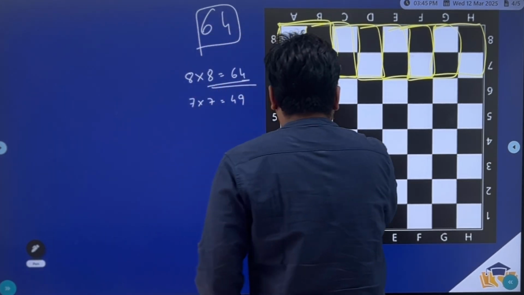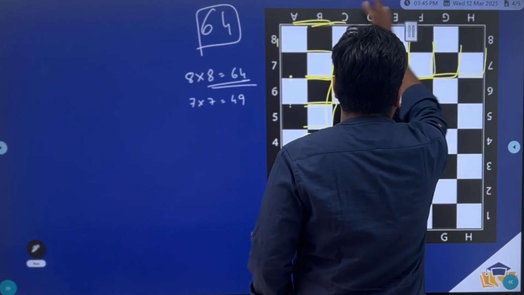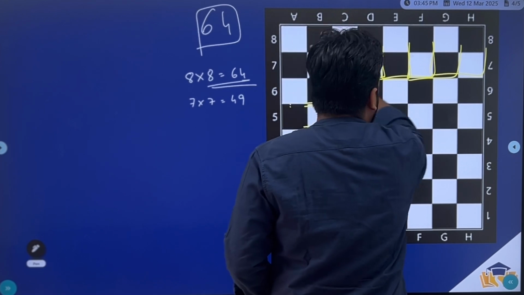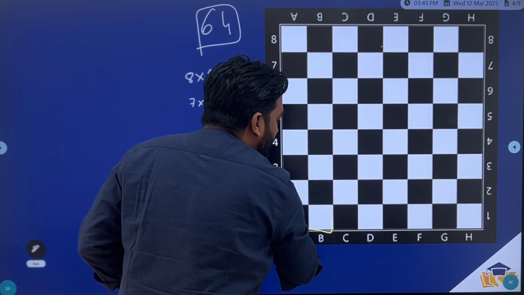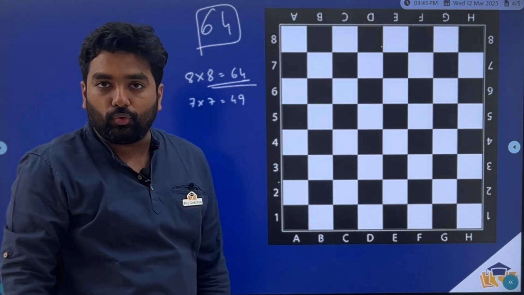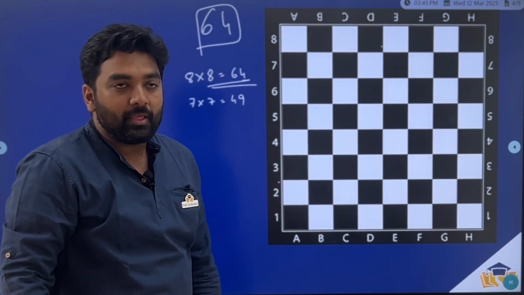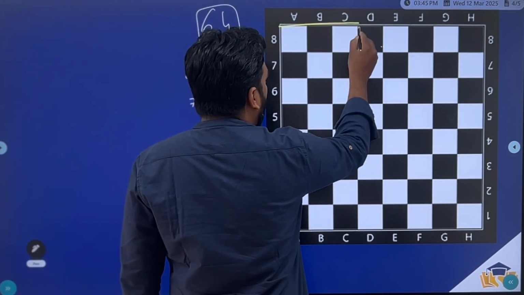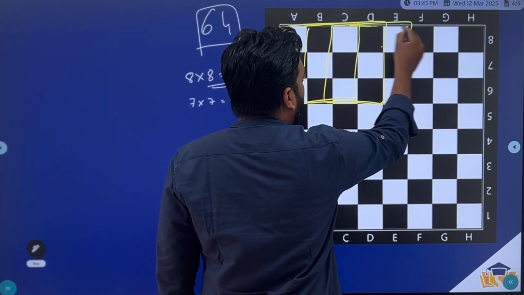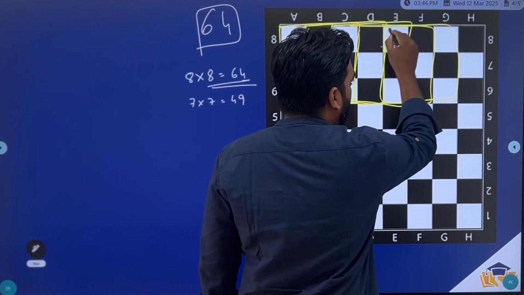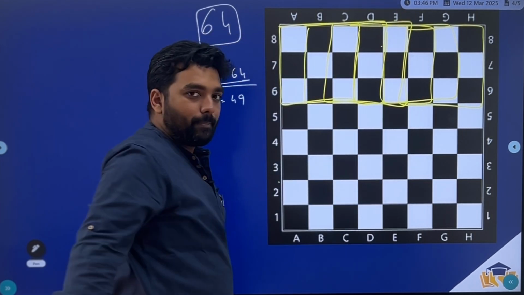By now, almost half of you might have understood what is happening. If not, let's look at one more thing. What is happening again? They did not say we need to count only 2 into 2 or only 1 into 1. So it can be this whole 3 into 3 square, 2, 3, 4, 5, and 6.